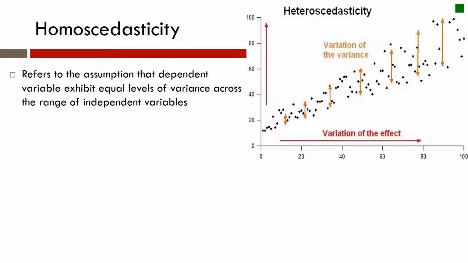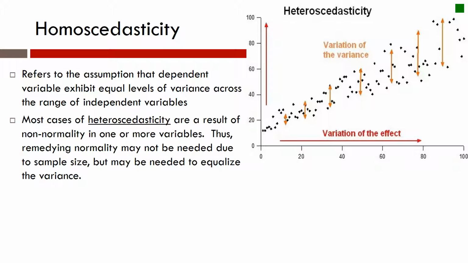Homoscedasticity then refers to the assumption that the dependent variables exhibit equal levels of variance across a range of independent variables. Okay, most cases of heteroscedasticity are a result of non-normality in one or more of the variables.